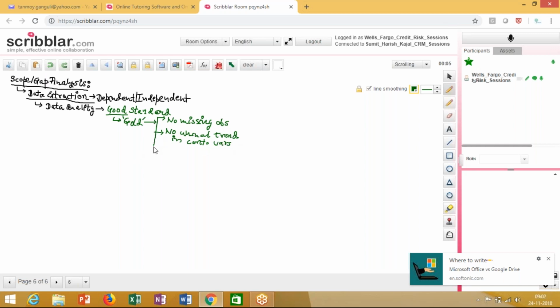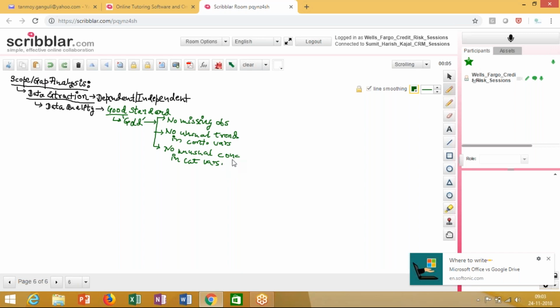And finally, the third part is no unusual concentration in categorical variables.